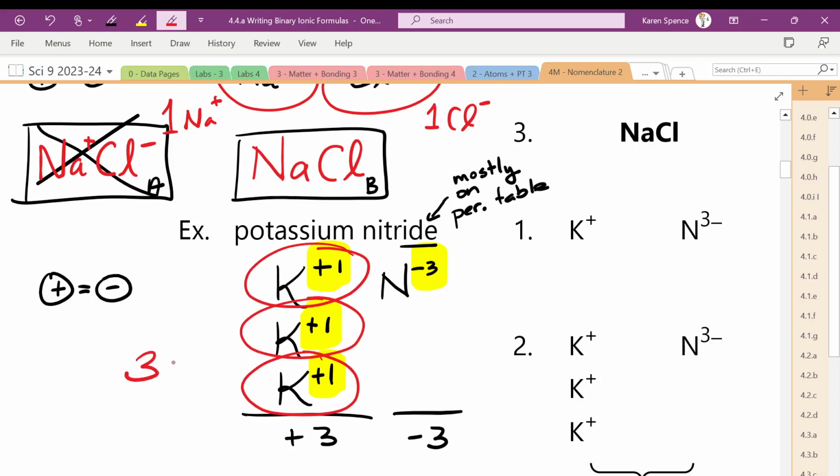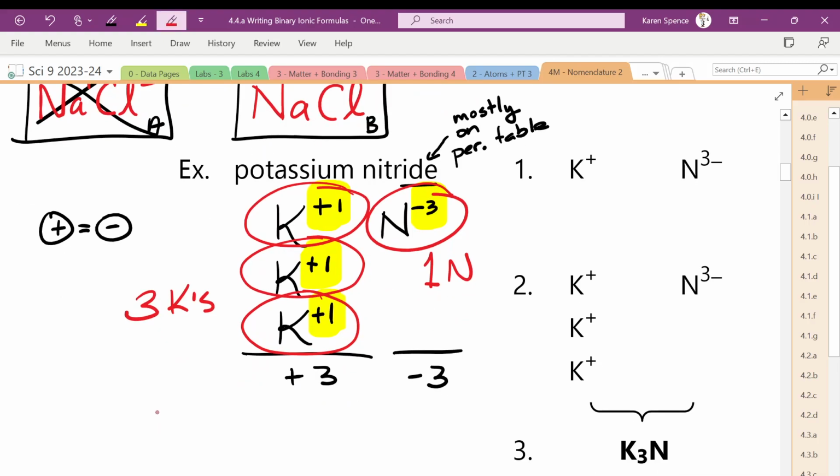We have 3 Ks. How many Ns do we have? 1 N. So our formula then will be K, and we have 3 of them, so we write the number 3. And we have 1 N. Do we write a little 1 at the bottom? No, we just leave it blank.